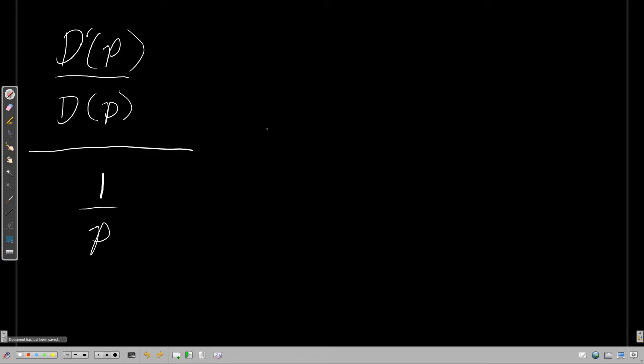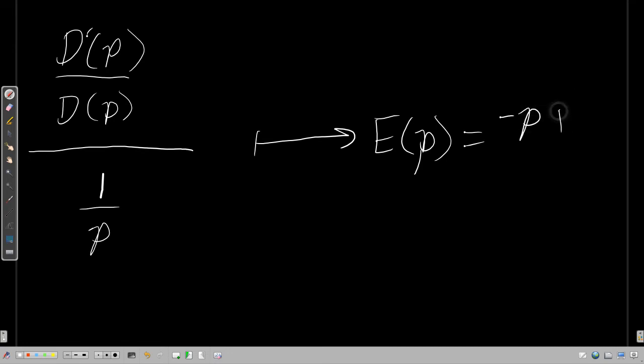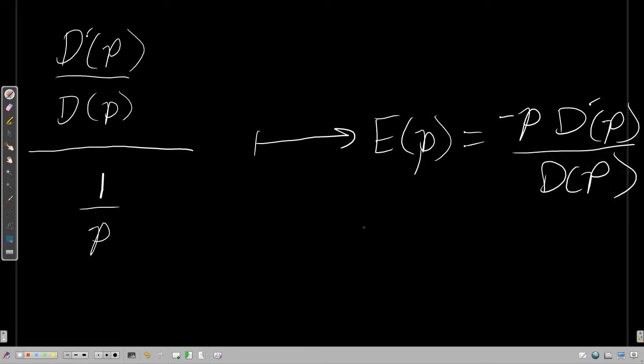And when you do some simplification, and they toss a negative in here because E of P always comes out negative if you don't define it this way. They like for us to tack that negative onto the front of it, so it's a minus P D prime of P over D of P, and this puts E of P as non-negative.